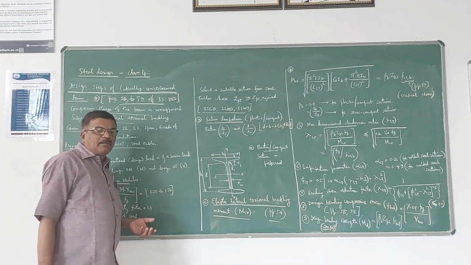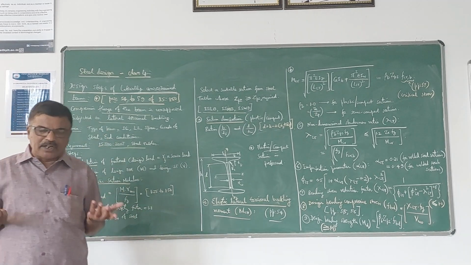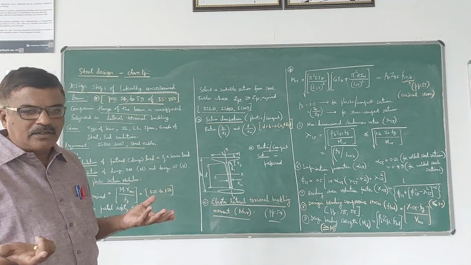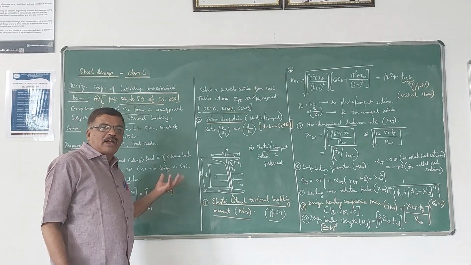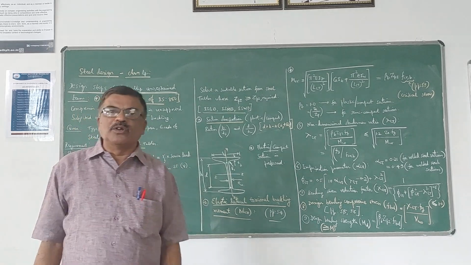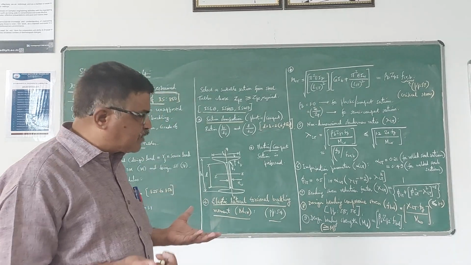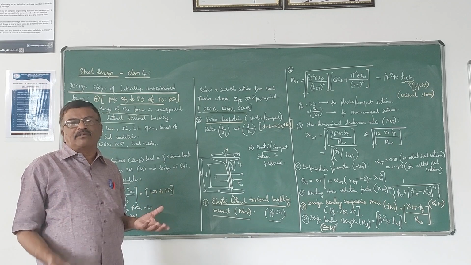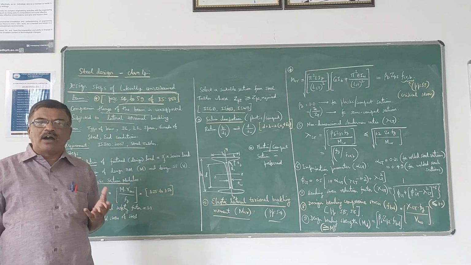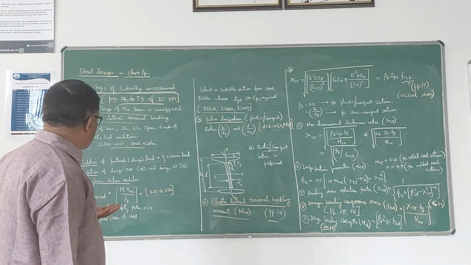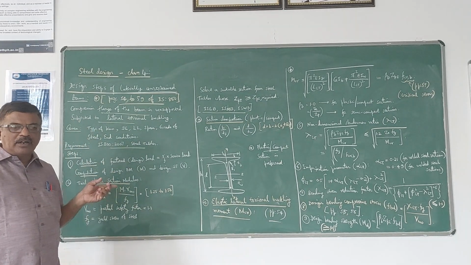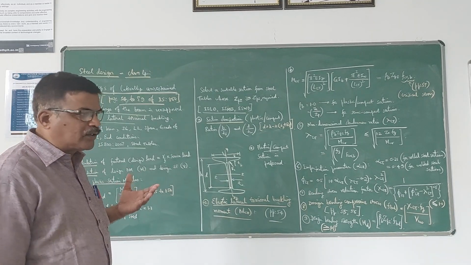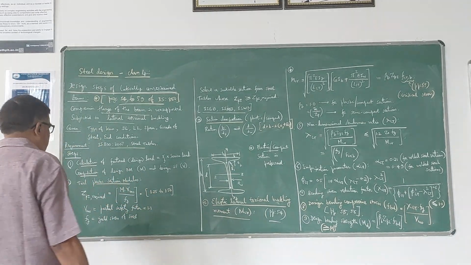Depending on the type of the load, it may be a concentrated load or a UDL, so whatever they give, the corresponding formula for calculating maximum bending moment and shear force should be used. If it carries more than one load, we have to add the values and take the critical value. So this first step depends on the type of the load and the formula for the maximum bending moment and maximum shear force.